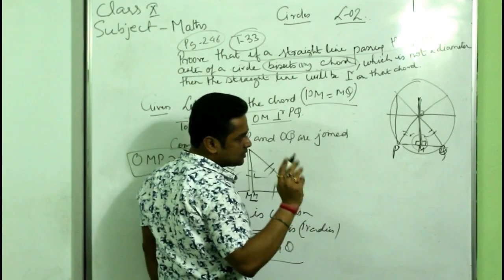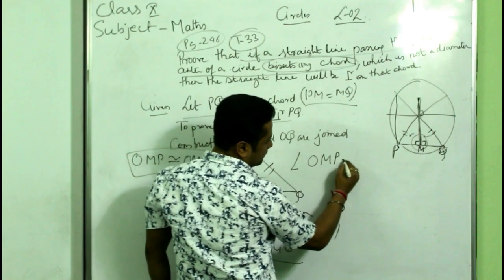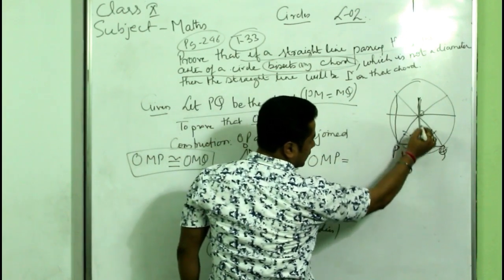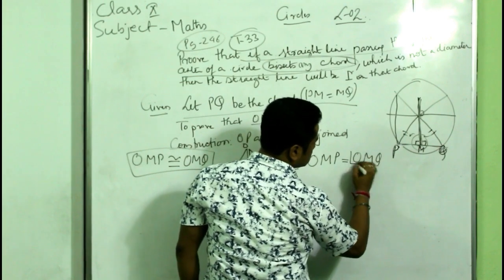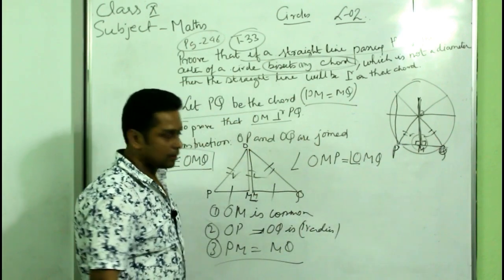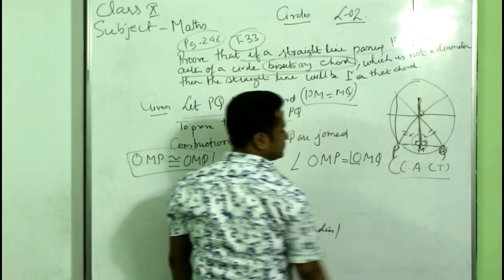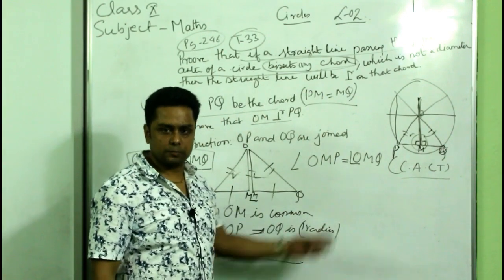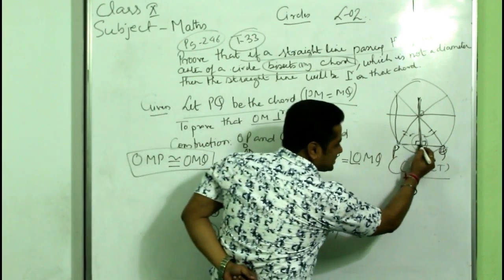As the triangles are congruent, I can write like this: angle OMP is equal to angle OMQ. Why? Corresponding angles of congruent triangles are equal. Now, what is this?